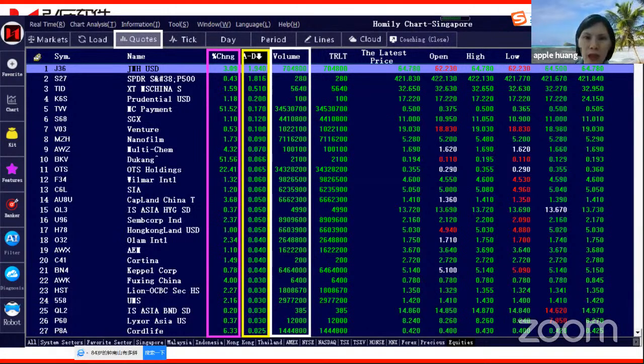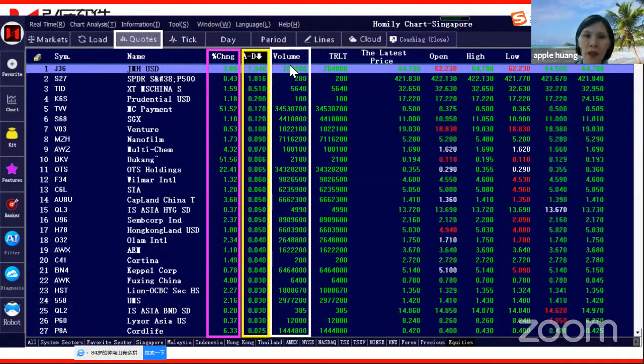So if the value is high, then it will be in a higher position. A minus D is the absolute value: today's present price minus yesterday's closing price. The difference is A minus D.